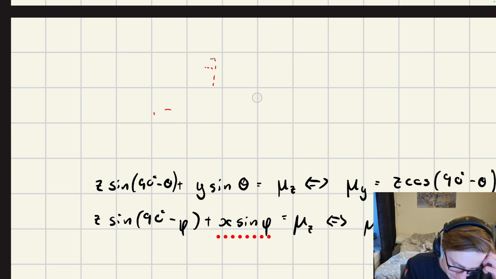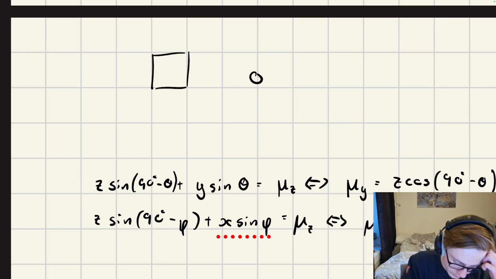Okay. Set coming out, rotating this way.